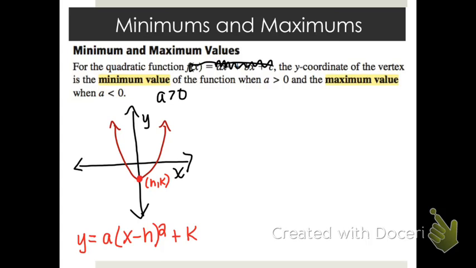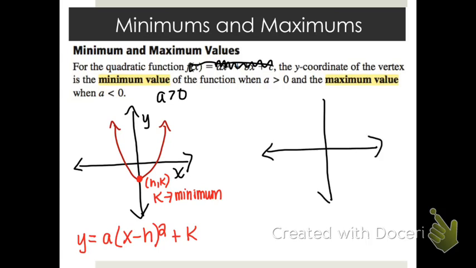So does it make sense that our minimum, in this case, is just whatever k is? That's our minimum. So then let's look at when a is less than 0, which means that a is negative.